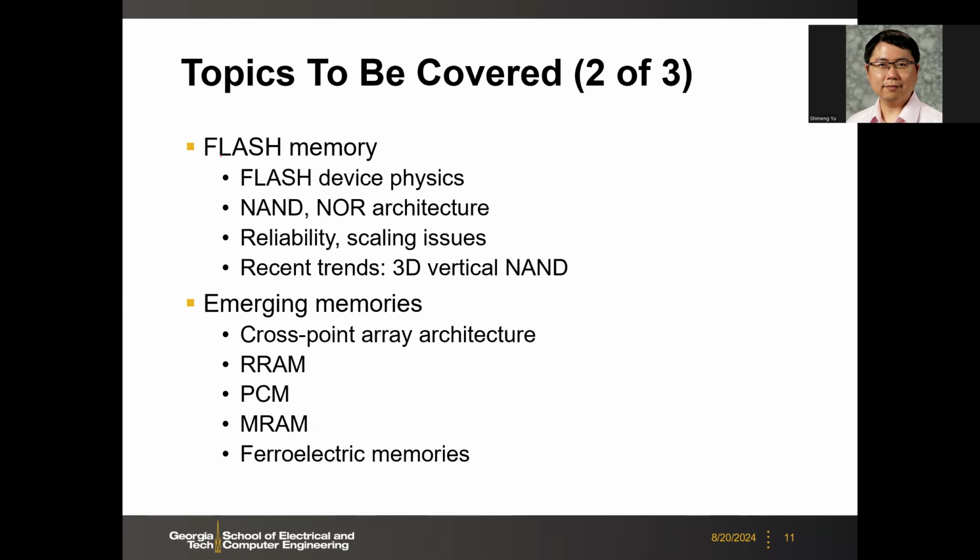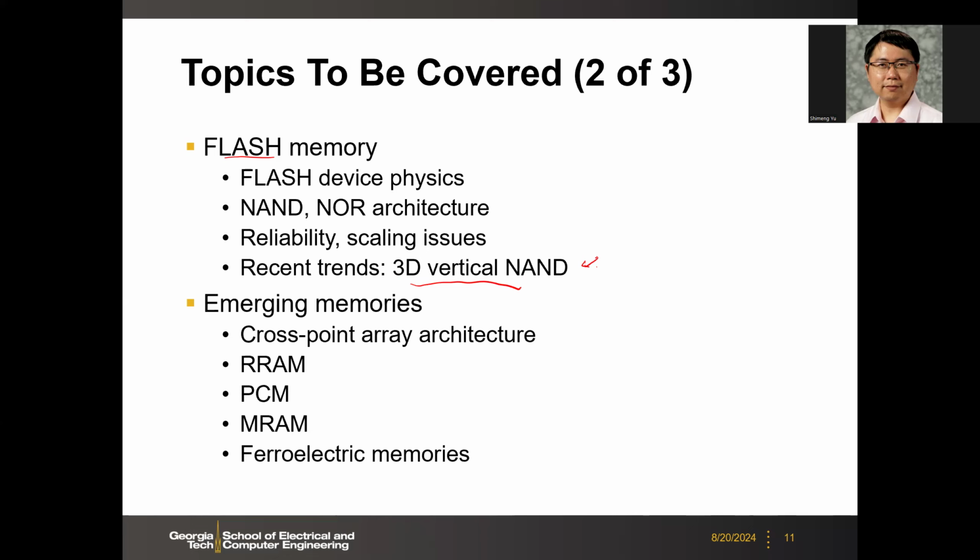And then flash memory. First, the device physics, and then the NAND and NOR architecture, and then the reliability and scaling issues for the flash, and the recent trend, 3D vertical NAND flash. So actually, looking at the past 3 years, there are not many new ideas on the 3D NAND flash, except that the 3D NAND becomes higher and higher.